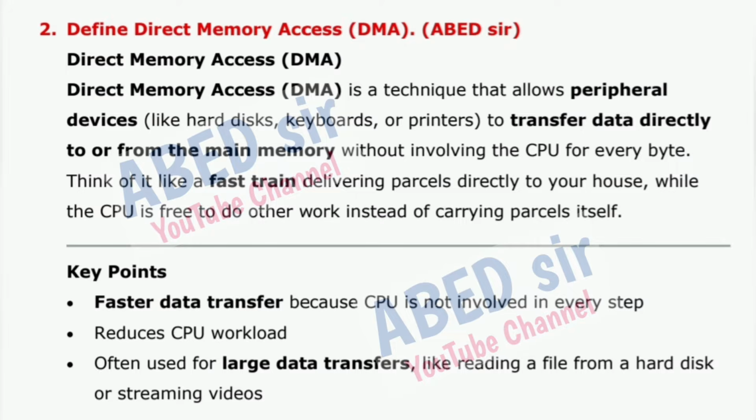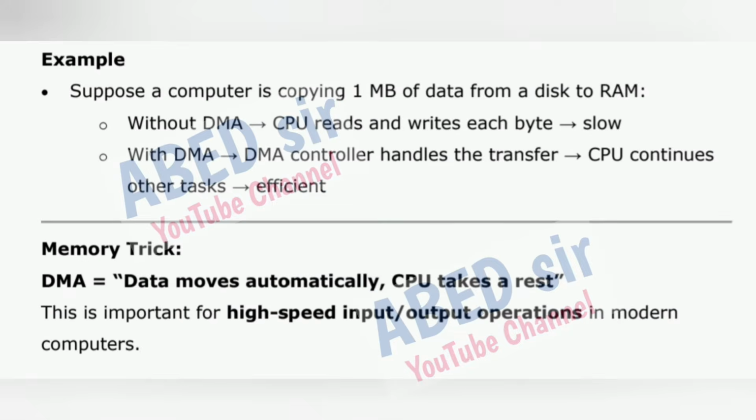Key points: faster data transfer because CPU is not involved in every step. Reduces CPU workload. Often used for large data transfers, like reading a file from a hard disk or streaming videos. Example: suppose a computer is copying 1 megabyte of data from a disk to RAM.